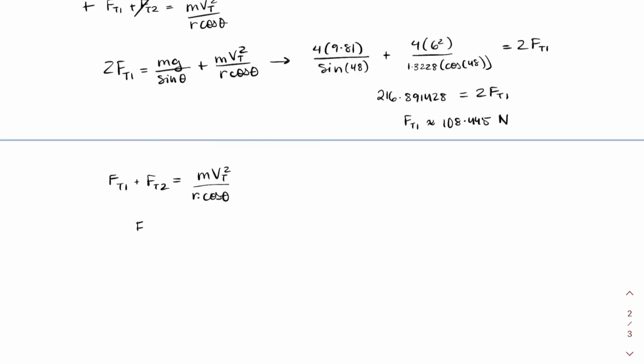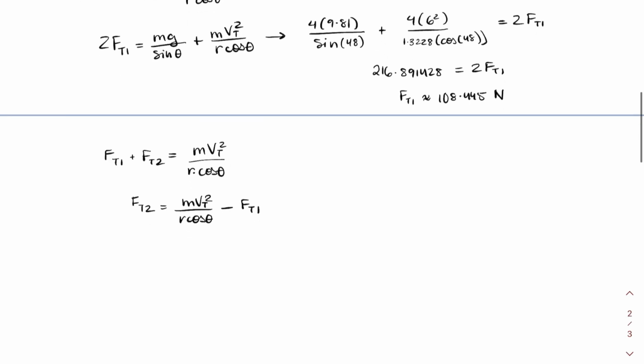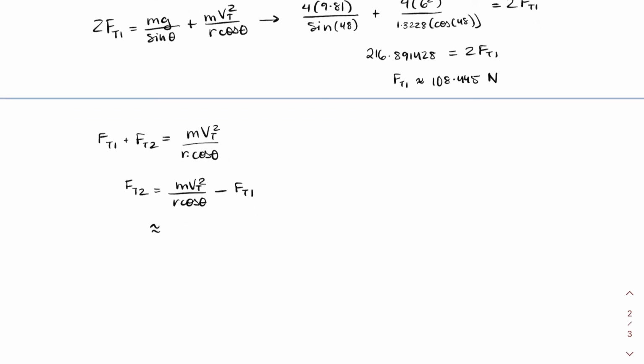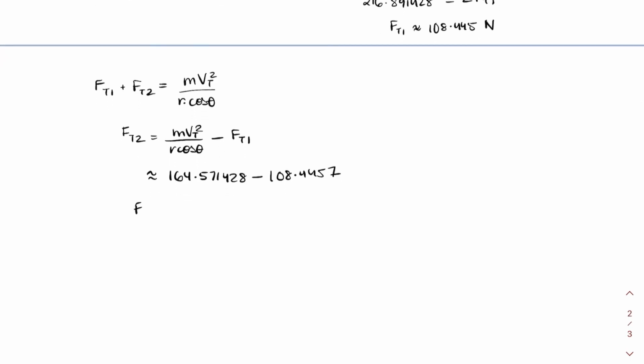So force of tension 2 equals that minus force of tension 1, which is approximately 164.571428 minus 108.4457, which leaves us with force of tension 2 is approximately 56.125 newtons. And these are our final answers.